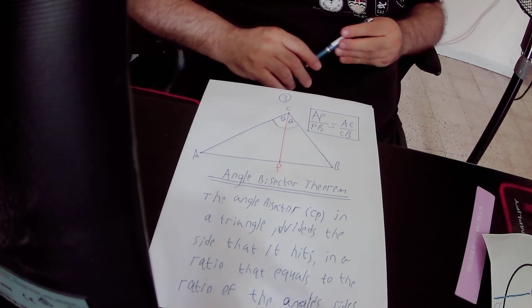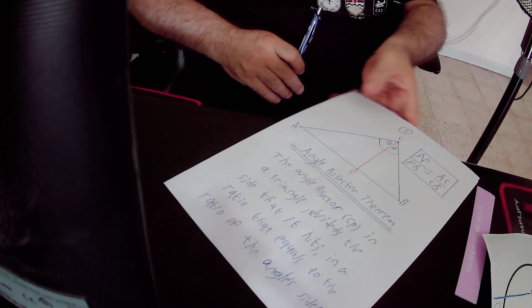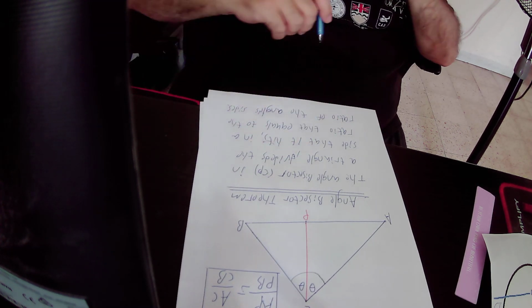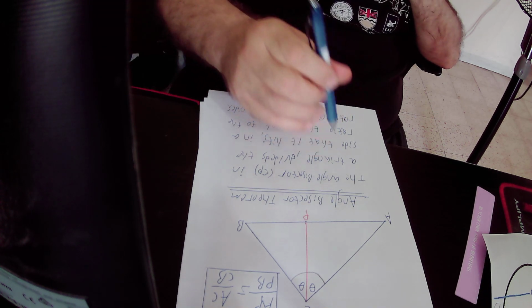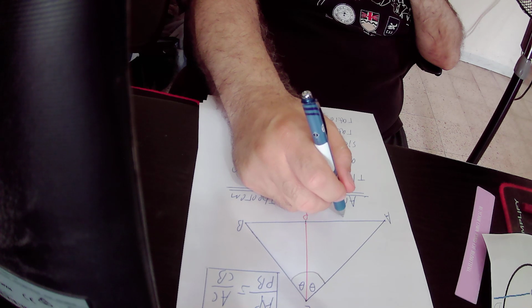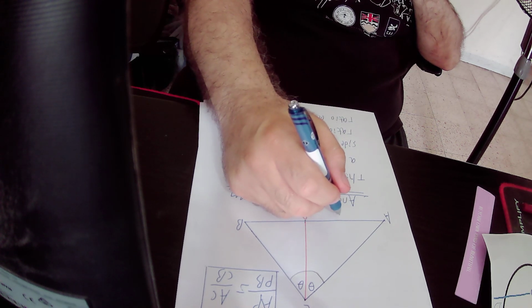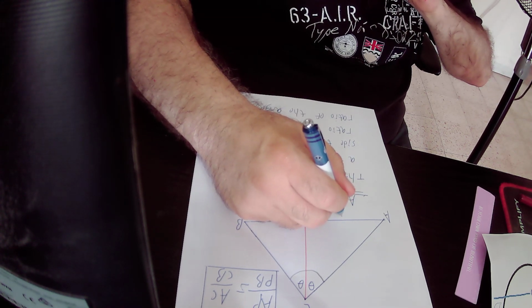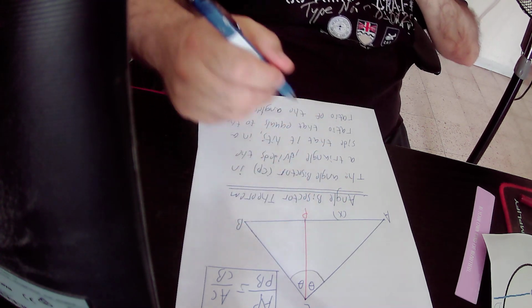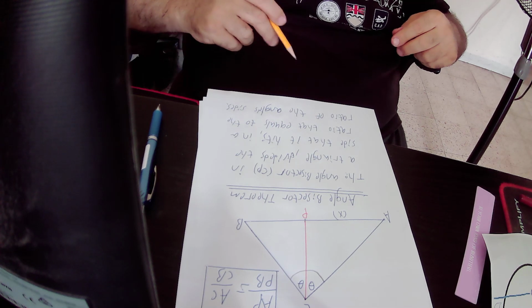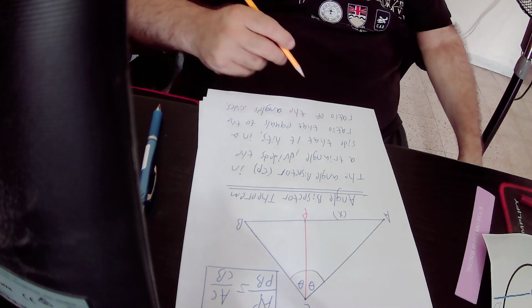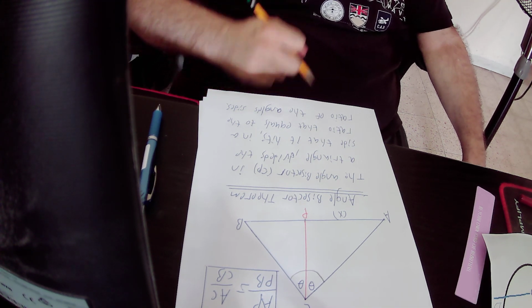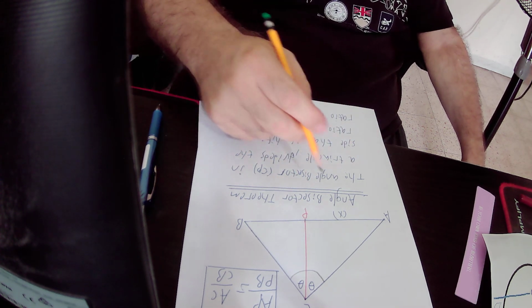So we can define that AP equals x, and you should remember that the sides of triangle ABC are given in the question.